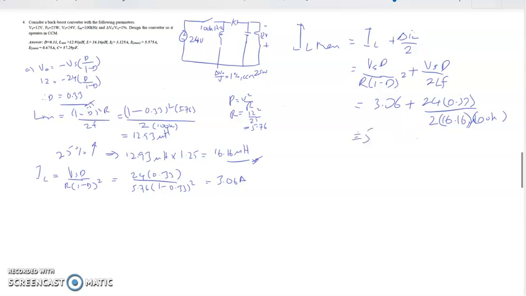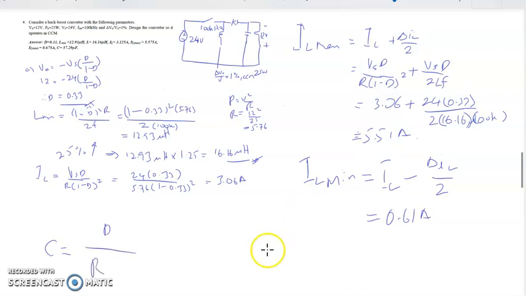5.51 ampere. So the same goes for IL min, which is IL average minus the difference, the range of IL divided by 2. Okay, so we should get the IL min of 0.61 ampere.